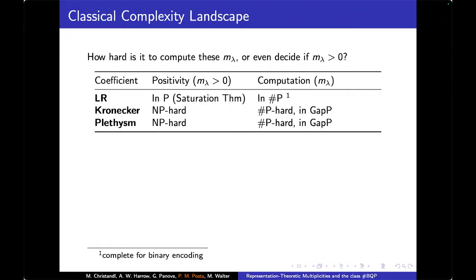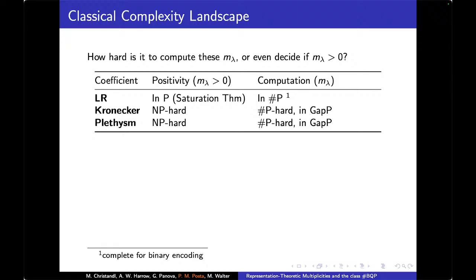GL V is the dual of S_n in the sense of Schur-Weyl duality. So a lot of times you can relate results from one to the other. But already here for the positivity, you see that there is a hard divide. And it's so hard, in fact, that we are struggling very much to put these coefficients in NP. So we only know the hardness result, we can't even place it in the class.